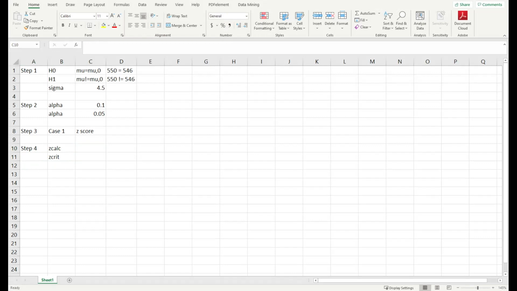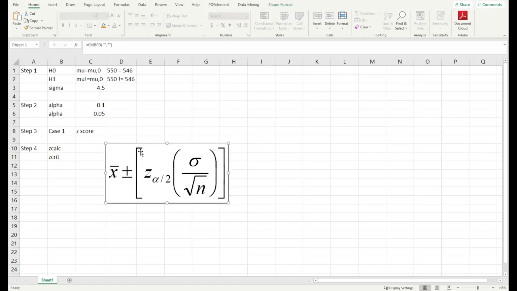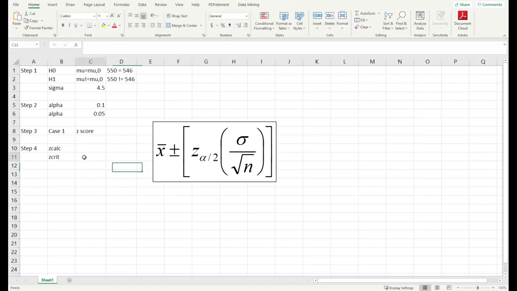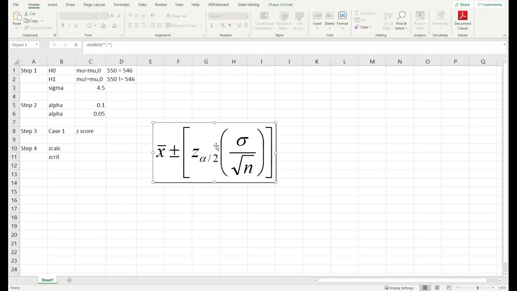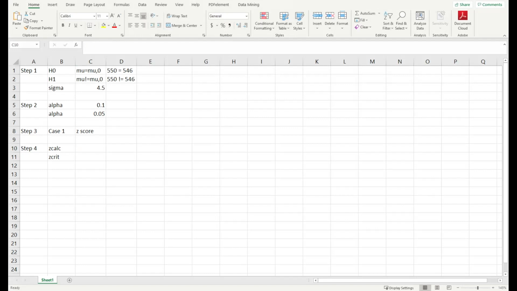And by the way, anong case 1 to? Kasi known yung population standard deviation, and therefore, pwede siyang ma-assume to be normally distributed. Or we can know that it is normally distributed.